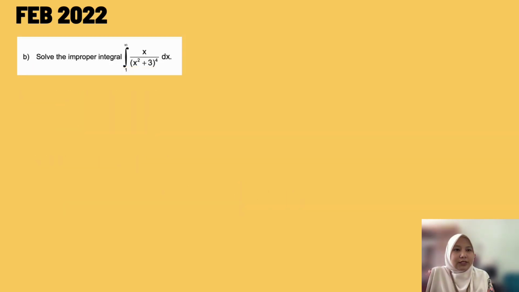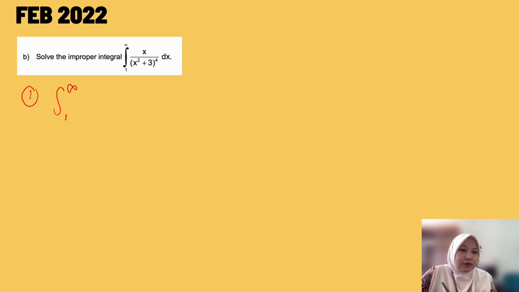For the next question B, solve the improper integral of x over (x squared plus 3) to the power of 4 dx from 1 until positive infinity. The first step is to write the definition. It is compulsory for us to write the definition.